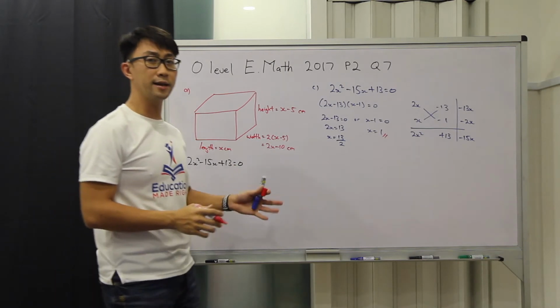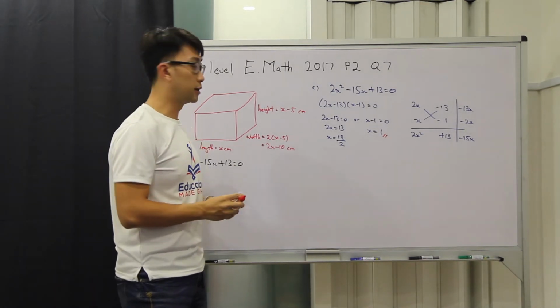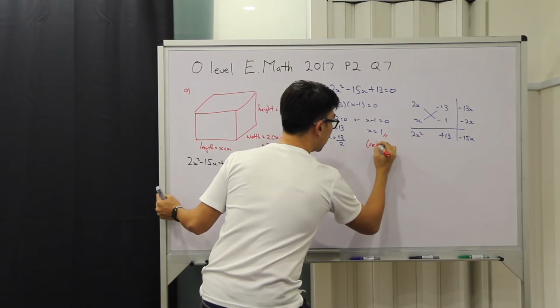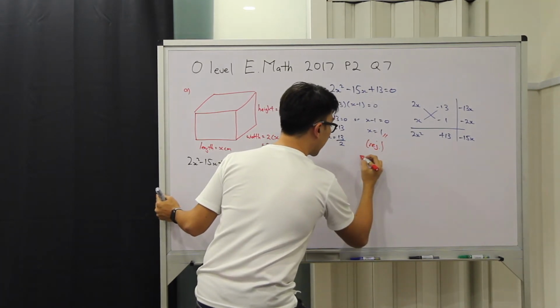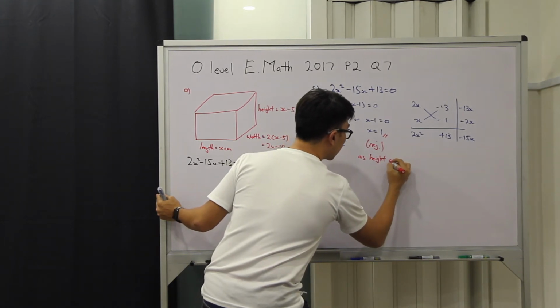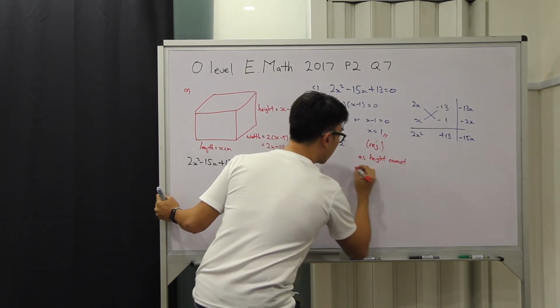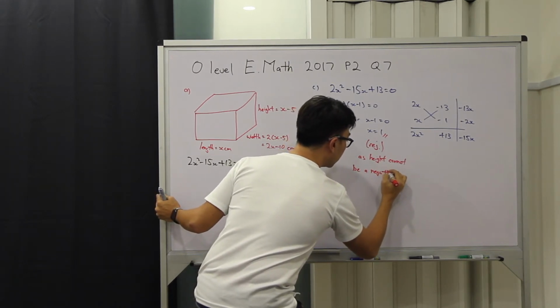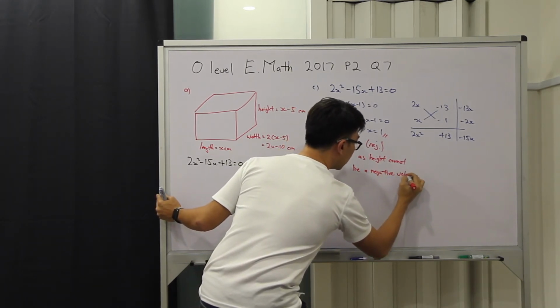As we can understand, length will never be a negative value. So x equals 1 will have to be rejected. This is as the height cannot be a negative value.